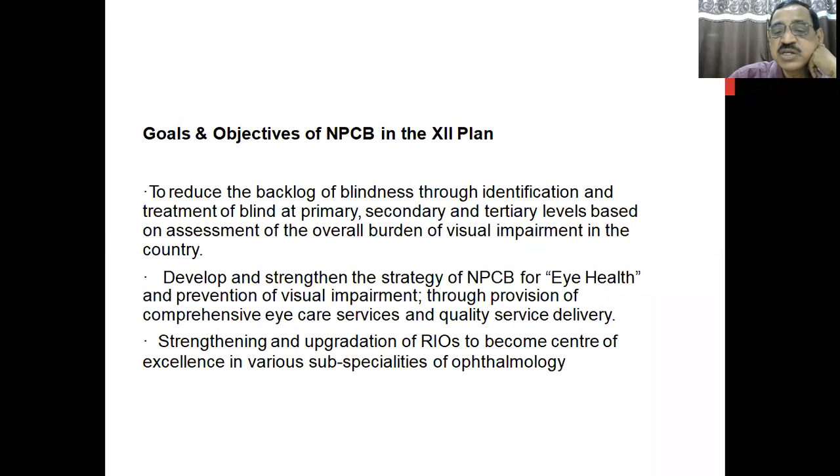Strengthening and upgradation of Regional Institutes of Ophthalmology to become centers of excellence in various subspecialties of ophthalmology. We have various subspecialties. One is cornea, second is glaucoma, and third is pediatric ophthalmology, oculoplasty, neuro-ophthalmology. There are a lot of subspecialties in the regional institutes of ophthalmology.